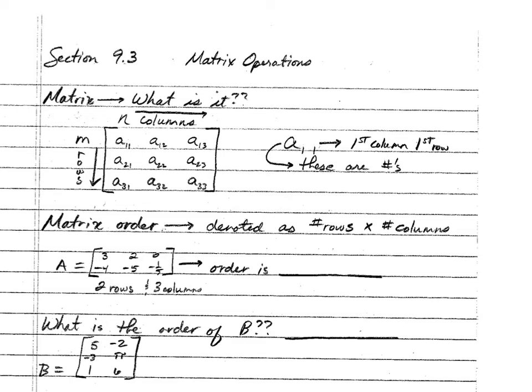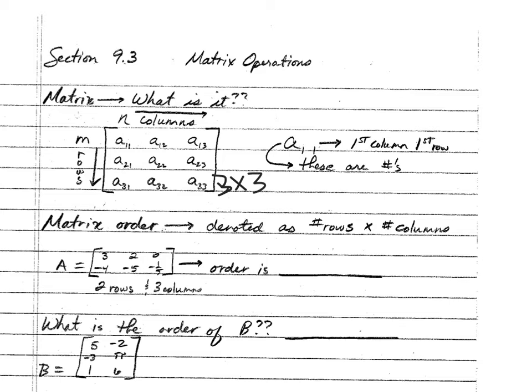Okay, so again, a matrix is a way to organize. This is an example of a picture of a matrix. In this case, I have a 3 by 3 matrix, which means there are n columns and m rows; it has 3 columns and 3 rows.